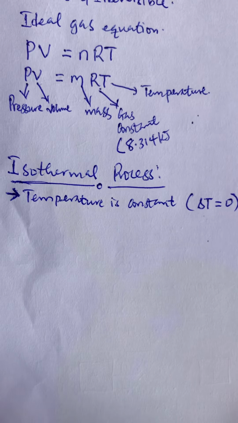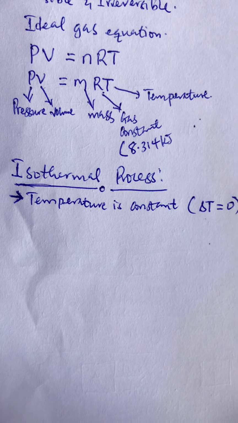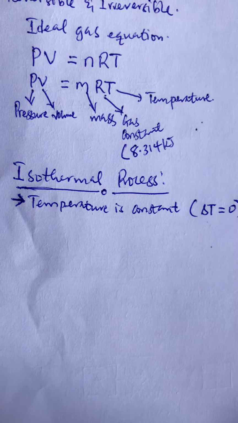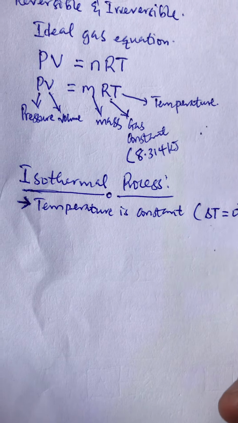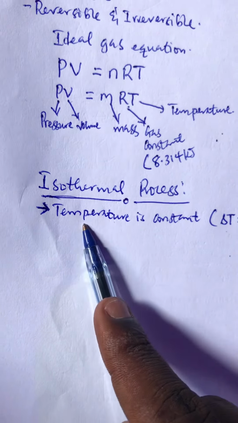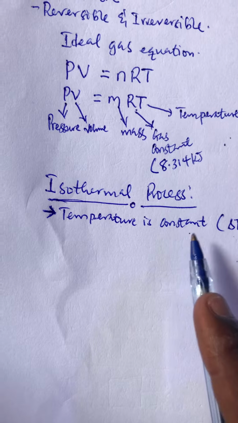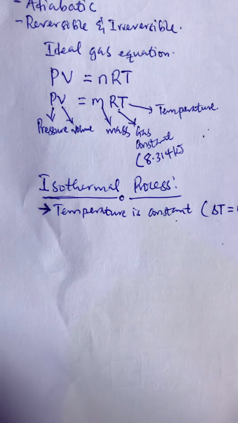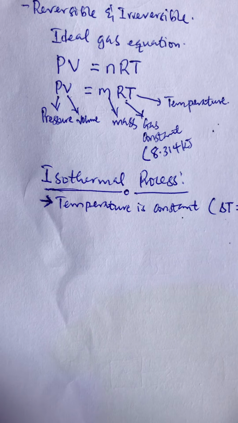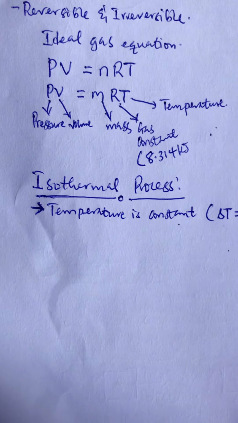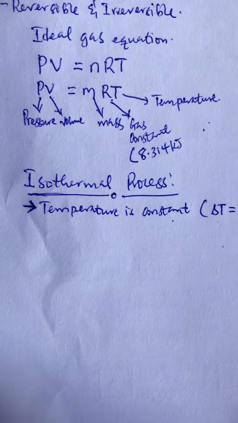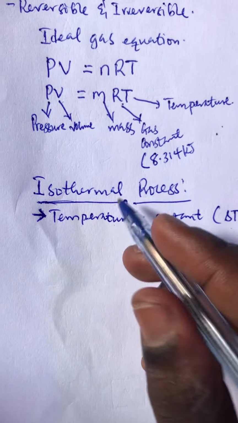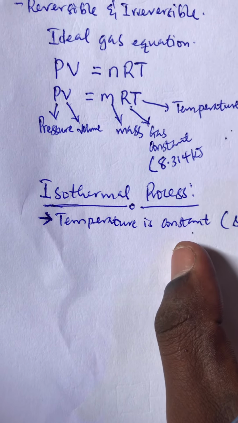Then temperature is constant. When you want to say something is constant, you say temperature is constant. Don't put change there. That is the process where temperature remains constant.